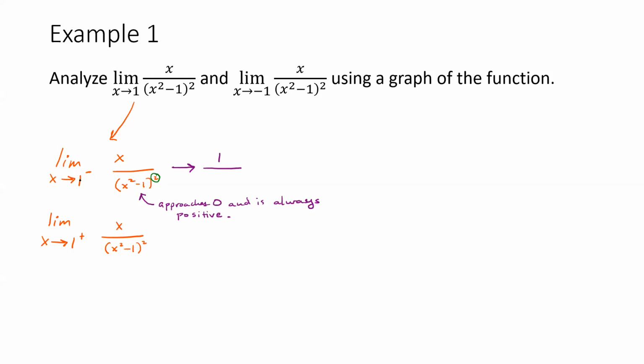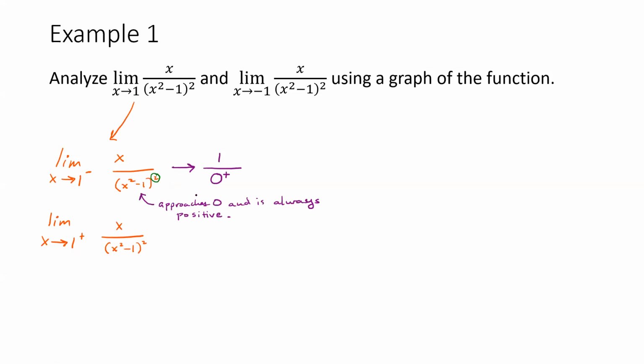In fact, if I were to put in a value of x that's slightly smaller than 1, without the square you would have a negative value, because something smaller than 1 minus 1 would have to be negative. But because it's squared, we know it's always positive. So in the denominator, it's approaching 0 from the positive side.